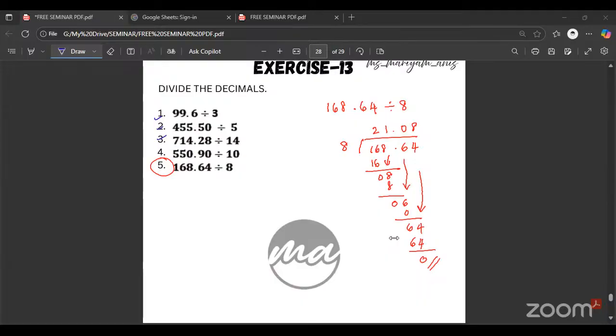I have shared the PDF. Go through the PDF. If you have any doubts, ask now and sort it out.